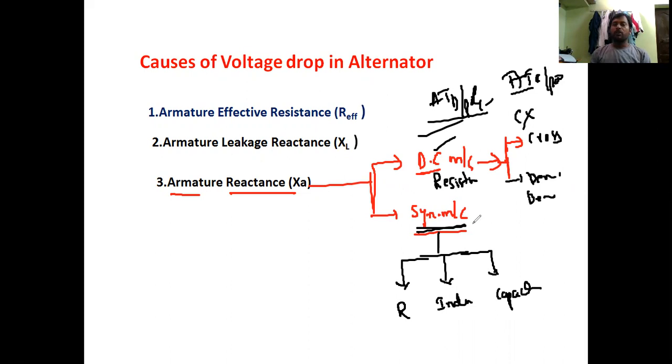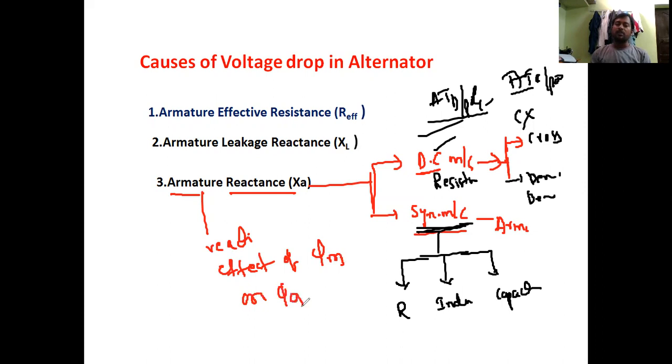Because of this, different types of effects take place on the armature. Basically, armature reaction is nothing but the effect of main field flux on armature flux. That is a armature reaction.